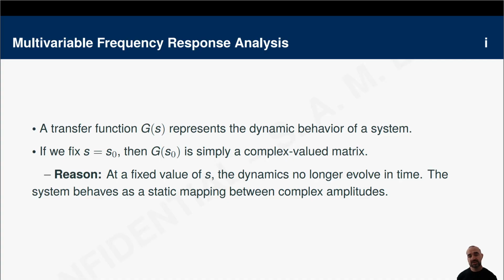G(s) essentially contains all the linear dynamics of the system. If we fix s as our variable, then the linear dynamics no longer evolve in time, because we have fixed the system. Once s is fixed, time essentially disappears, and that's what you would expect, because s varies corresponding to time varying.